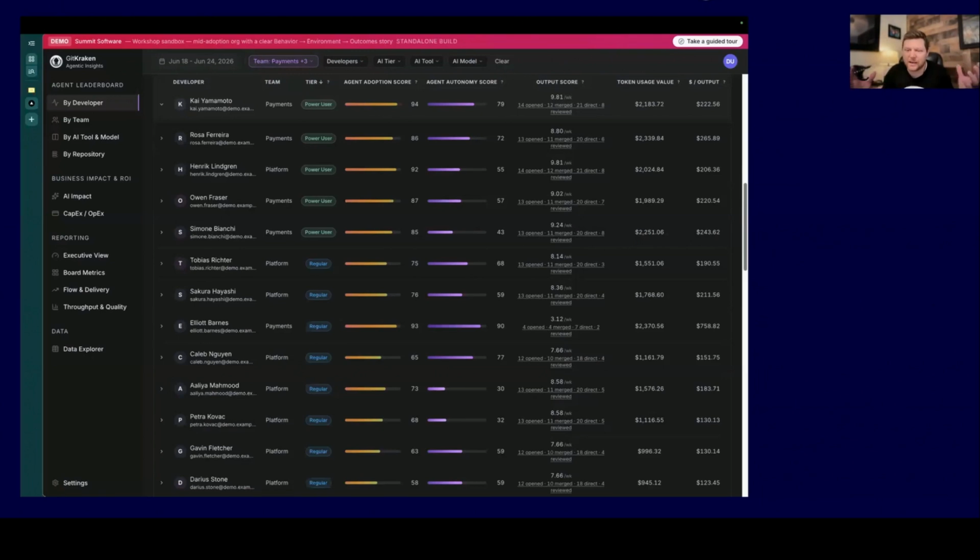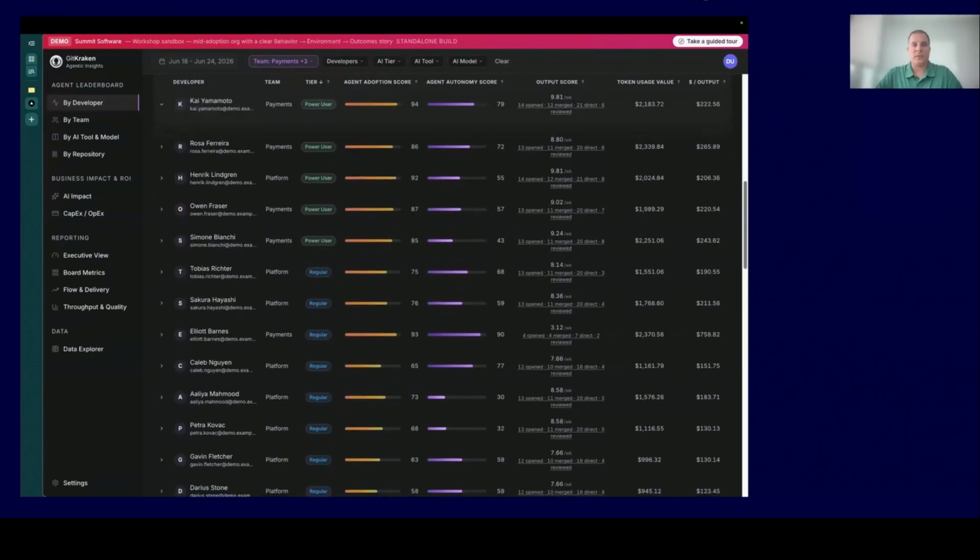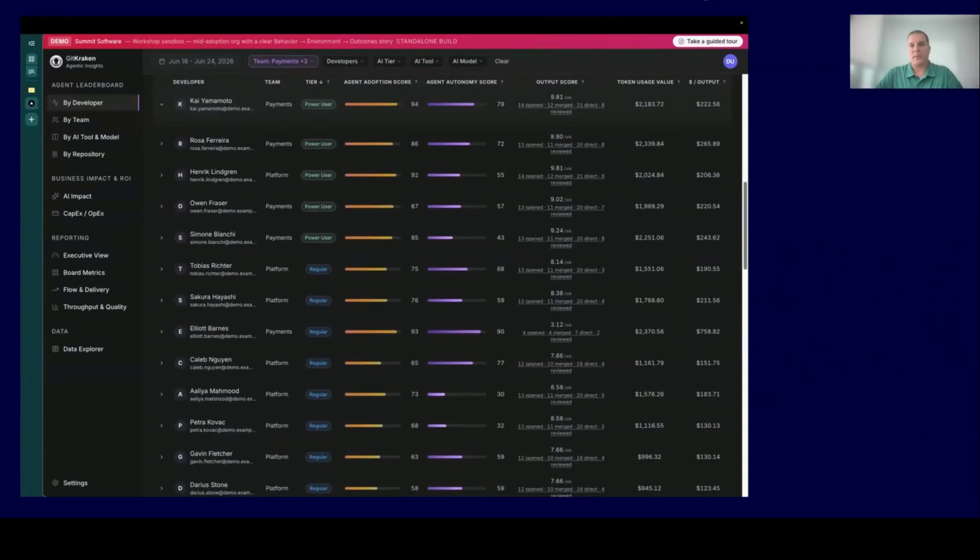Not only are we going to help the engineering leader improve outcomes for their teams, we can also help improve the experience for your developers and how they're managing agents. As customers start using this, we see them go, wow, we want all of our developers to have access in some way to some of this information, because it's going to help improve their experience and how they're working with agents. So fundamentally different, just a really important call out. A huge shift culturally, I think, because there's that big brother mentality.